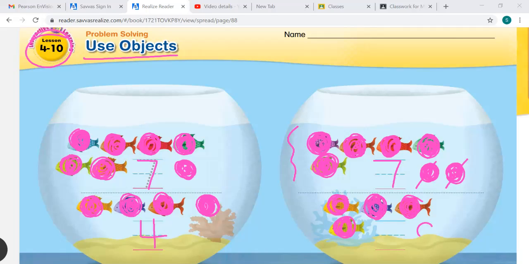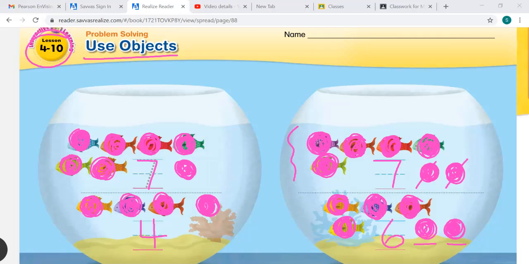And then I see 2 more. So let's put 2 counters. Okay, so I saw 4 fish and 2 more. What comes after 4? What number? 4, 5, 6. So I see 6 fish.